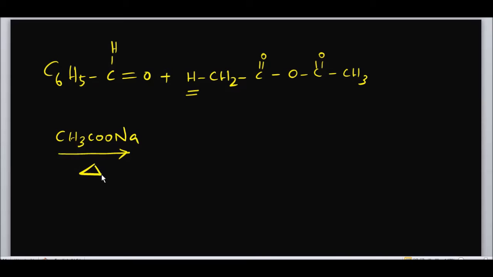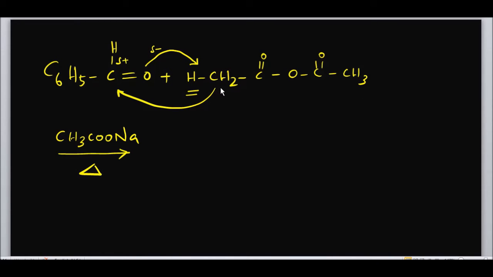On heating, what happens? The condensation, in which the first step is attack of a nucleophile on the carbon, followed by protonation. We know that the carbonyl group is a polar group; there is a polarity due to the electronegativity difference. Oxygen carries a slight negative charge and the carbon a slight positive charge.